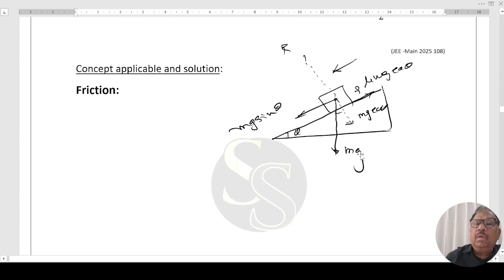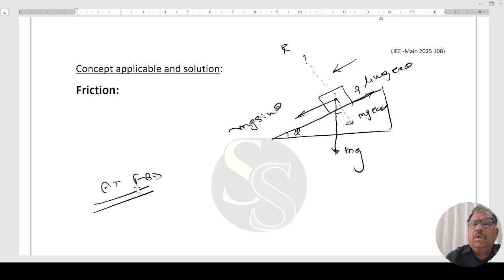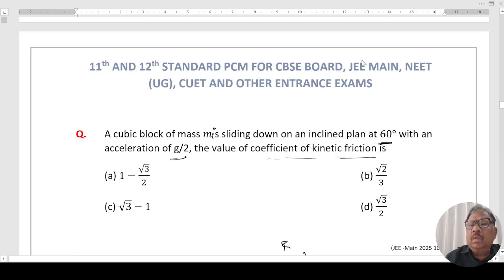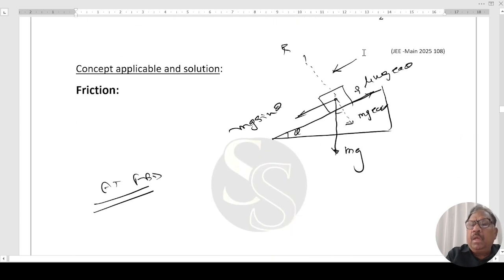Now, according to the free body diagram, this is mg sin theta. This acts always downward because the motion is in this direction, with acceleration given as g by 2.